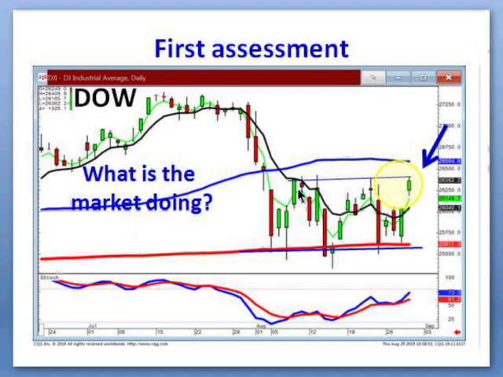Now, on the other hand, if this happened to open down here and started trading down, what would we want to be doing as far as any bullish option trades? Probably nothing at that point. So our assessment has to be, if this market opens positive tomorrow, what do I want to be doing?